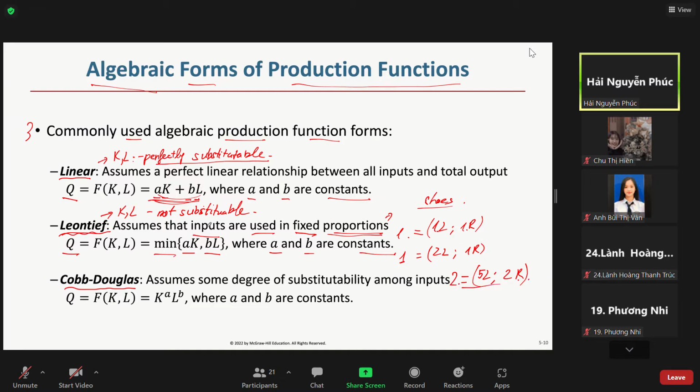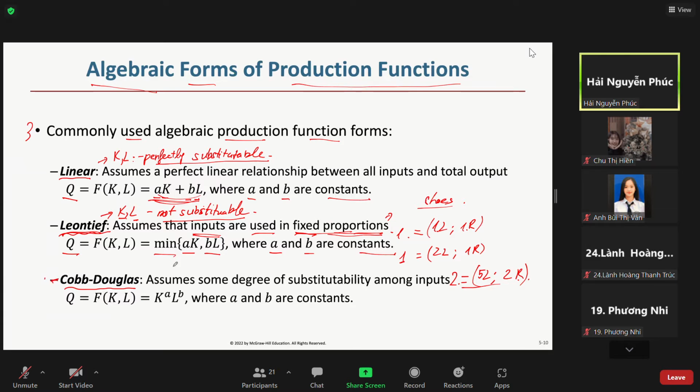Okay, so it means that the Leontief function assumes that the inputs K and L are used in a fixed proportion. And we say that K and L are not substitutable. In our example, you cannot substitute the right shoe for the left one, and similarly, the left one for the right one, right?